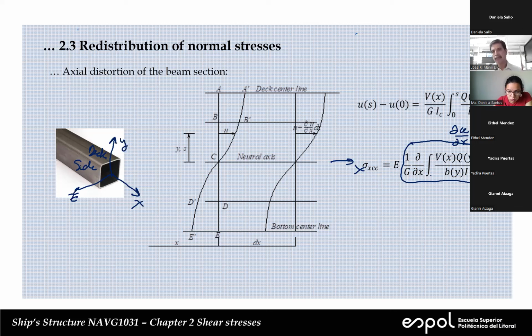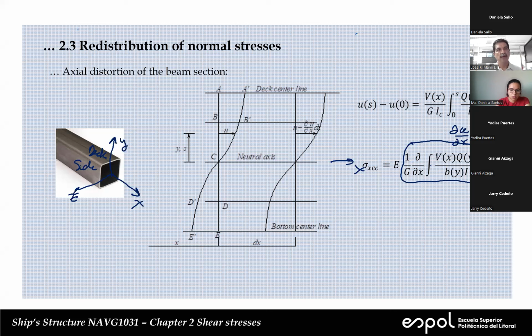The differentiation with respect to these terms? That is dV dx.